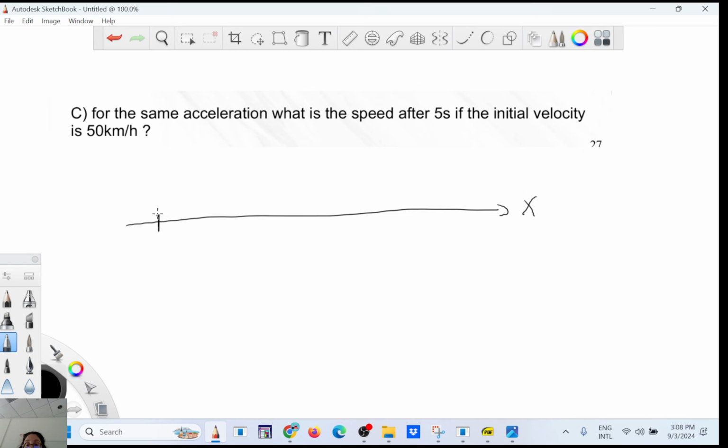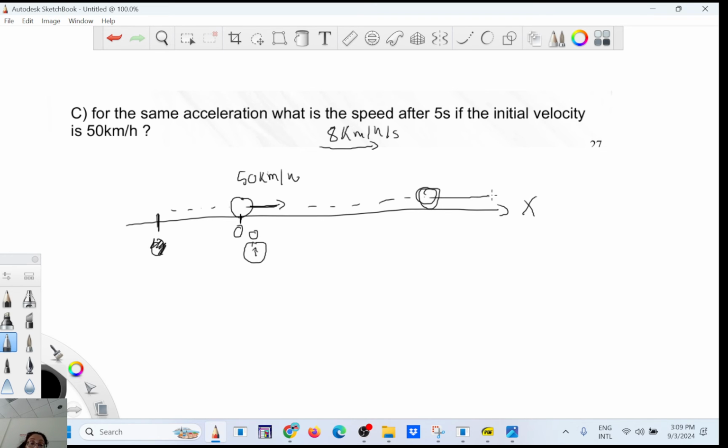So there is a 0 here, but when you start your stopwatch, maybe here, it was going already at 50 kilometers per hour. Now, the acceleration is, say, 8 kilometers per hour per second. I can put the 0 here if you want. That means at t equals 0, it's there.